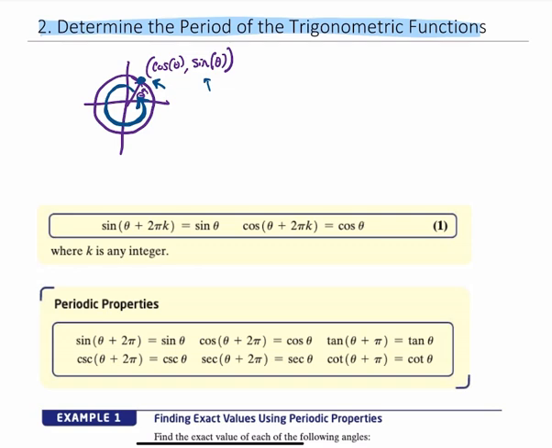Any coterminal angle shares trigonometric values because you're literally just going around a circle and ending right where you started. So the point hasn't changed, which means the cosine of that angle hasn't changed and the sine of that angle hasn't changed. That's the idea of these functions being periodic.